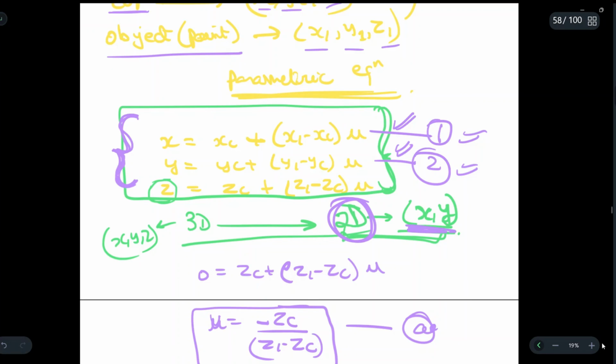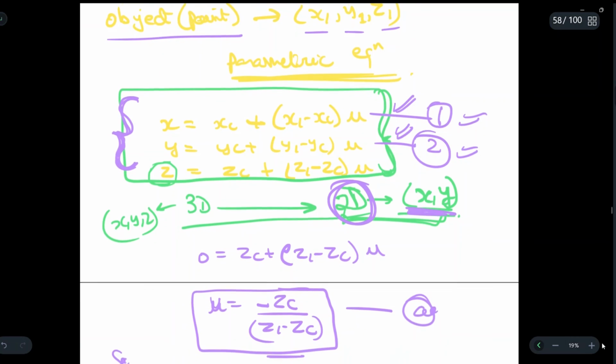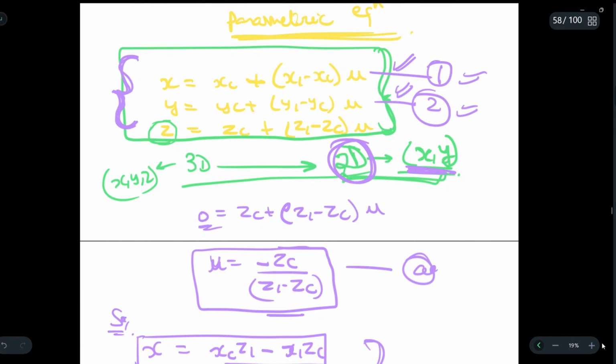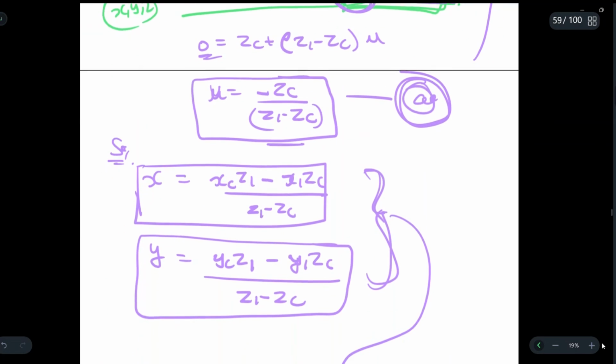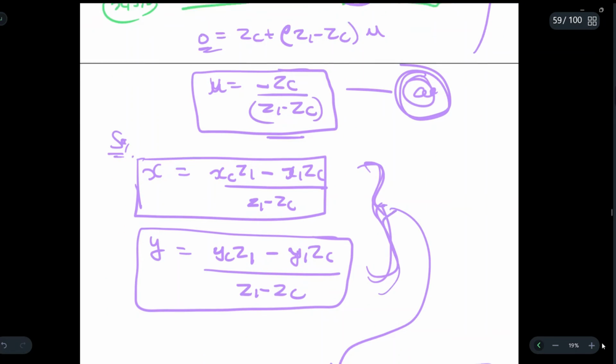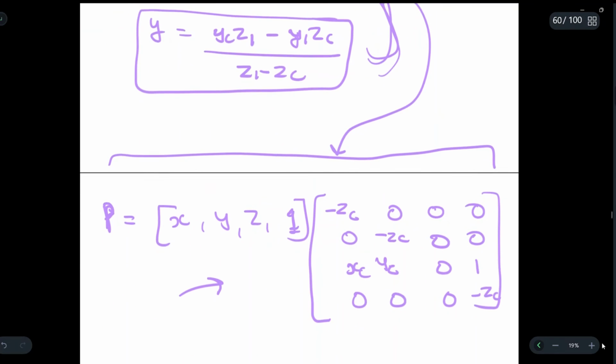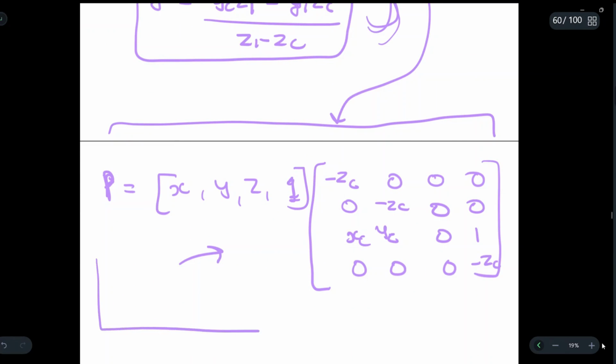So we put z equal to 0, and on doing so you get u is equal to minus zc upon (z1 minus zc), and we used this in these two equations. On doing so we got the values of x and y. Then we wrote these two equations in the form of a matrix, or in the homogeneous form, as we have written right now.